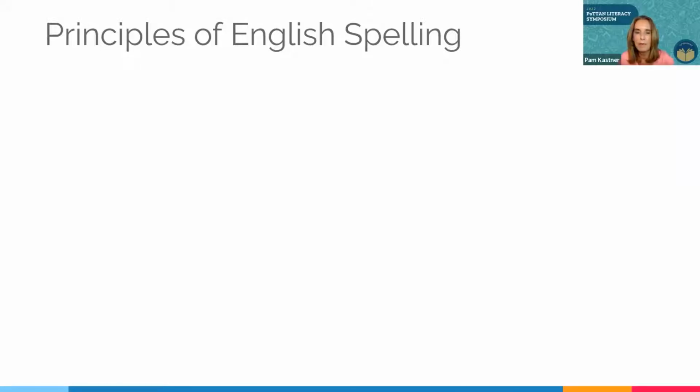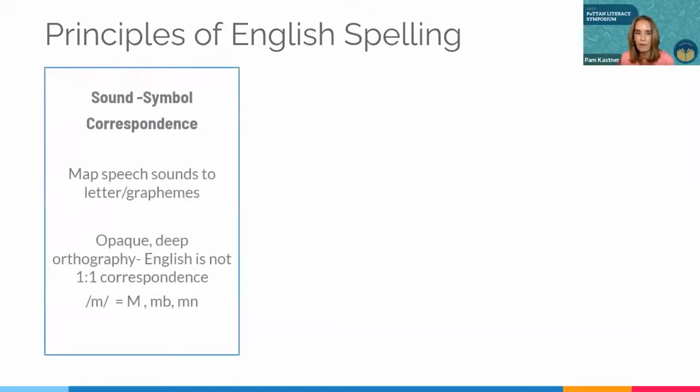So when we think about these principles, let's just go a little bit deeper. Sound symbol correspondences, meaning that we represent phonemes with graphemes. But our language is a deep orthography, not a shallow one, where there's a one-to-one correspondence. When I hear this sound, it's always spelled with an M. That would be a shallow orthography.